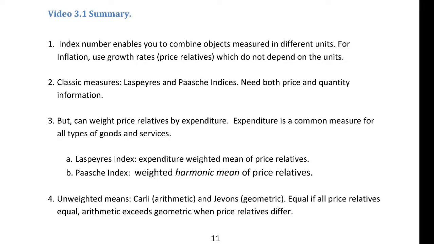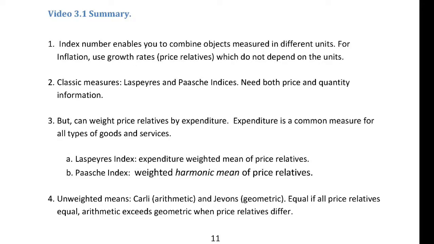Having expenditure shares is as good as having quantities, and it's observable. Expenditure is a common measure for all types of goods and services, measured in pounds or dollars, so it doesn't suffer from the problem of being measured in different units, which you had with quantity. So you can weight price relatives by expenditure or expenditure shares.